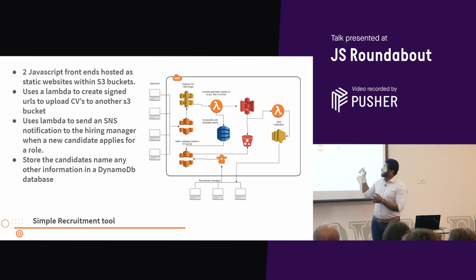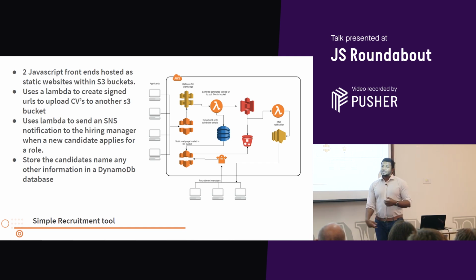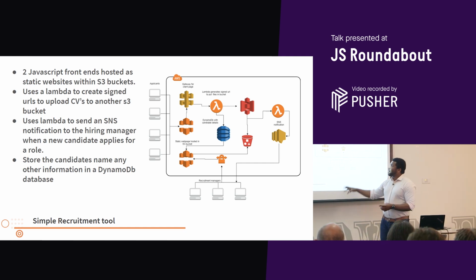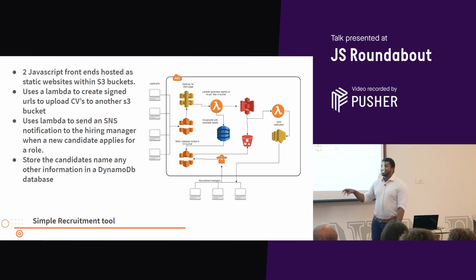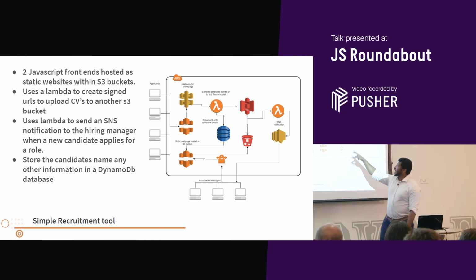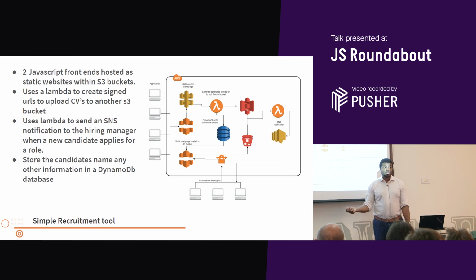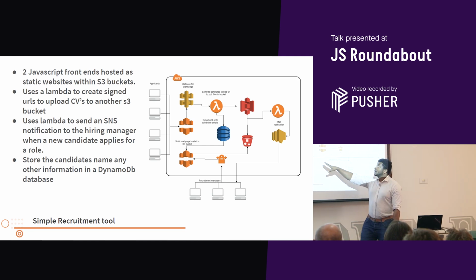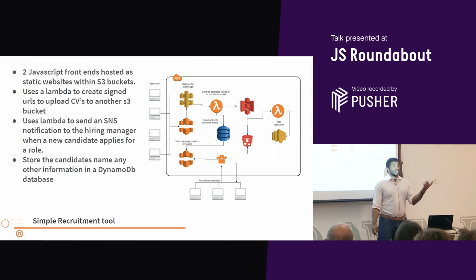So here's a kind of architecture for a small application that I was working on. I'm not going to go too deep into this because I've got to watch the clock. What we have is a couple of serverless front-end websites sitting inside an S3 bucket. Then we have a Lambda very similar to the one that I just showed you, which is actually for a recruitment app. So I've got applicants that are chatting to TRG.